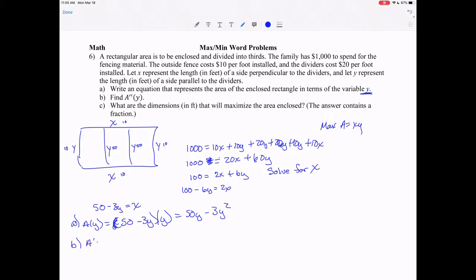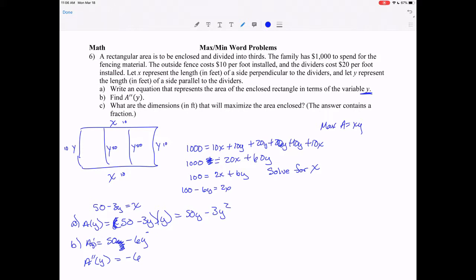So A prime is going to be 50 minus 6y. That shouldn't have a y right there. Now I'm okay. And A double prime should be minus 6.